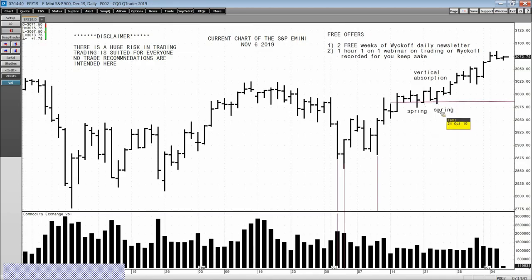The trade is a low risk trade because the stop is under here. The potential is for the market to move higher. So it's a low risk trade for the most part. Obviously, depending on your situation, it may not be something in your parameters, but it's a trade in which it defines the risk of underneath the spring low.